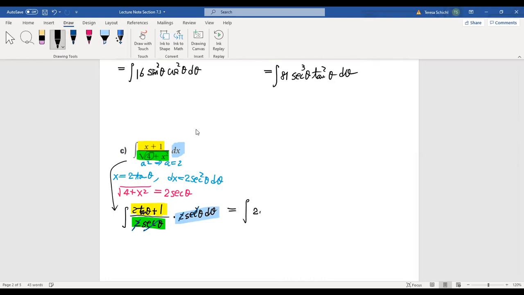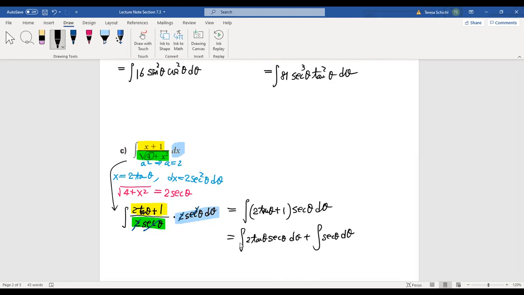So this will be 2 tangent theta plus 1, and now this is the secant theta d theta. If you want, you can FOIL that. So this is 2 tangent theta secant theta d theta, plus the secant theta d theta here, right?